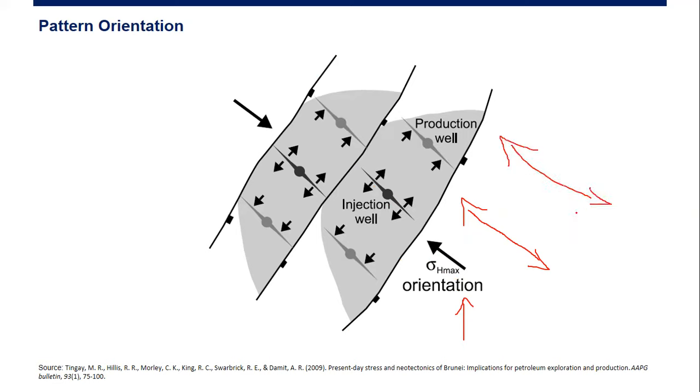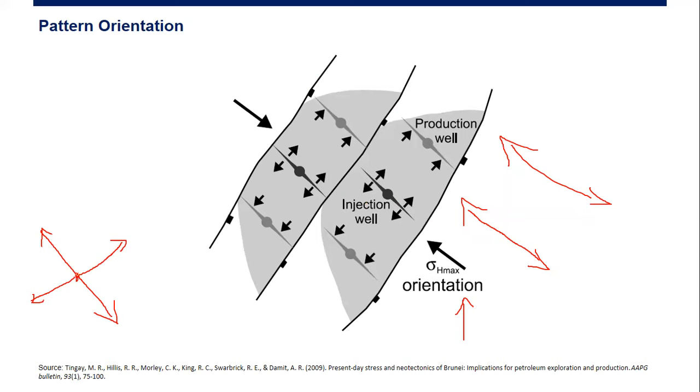And as you can see, the alignment of injection and production well is now perpendicular with the direction of the fracture extension or fracture propagation. So the fracture orientation is like this one, but the alignment of injection and production well is perpendicular to it. It's like this.